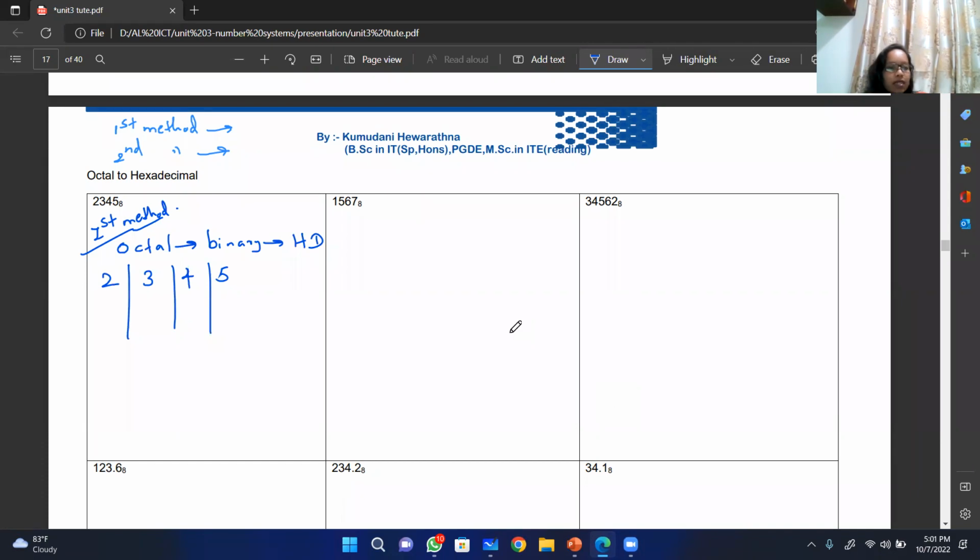First, convert this octal value into binary. You have to keep each of these numbers as a 3-bit binary value. 5, put it as a 3-bit binary. Again, this one also 3-bit binary.